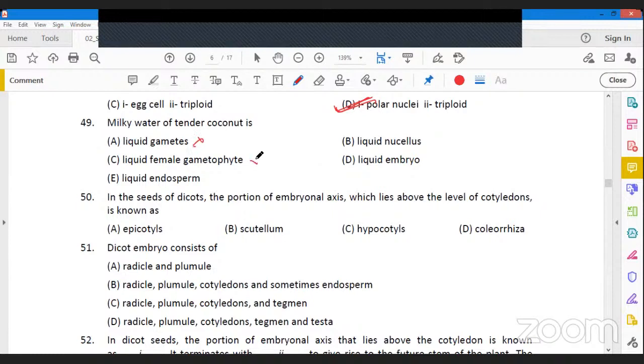It is not liquid female gametophyte. It is not liquid nucellus or liquid embryo. It is the liquid endosperm, also called nuclear endosperm.